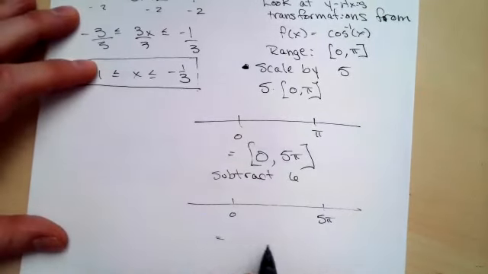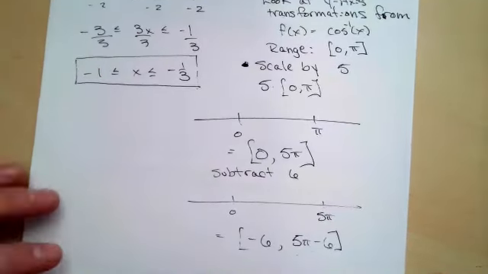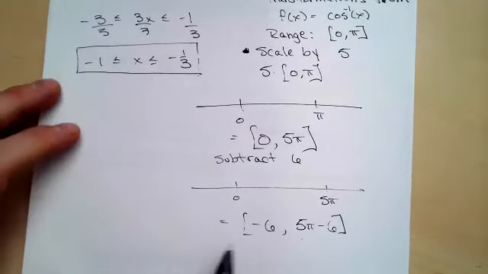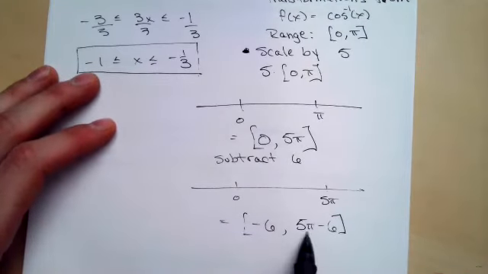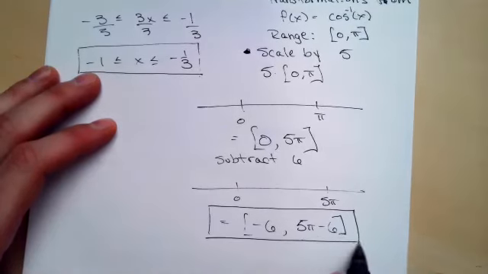So we will have negative 6 to 5 pi minus 6. And 5 pi minus 6 is what it is. Remember, pi is a number. Unfortunately, it doesn't have a nicer expression than that. We can't get a decimal for it without calculators. So that's how we leave it. So that's our range.